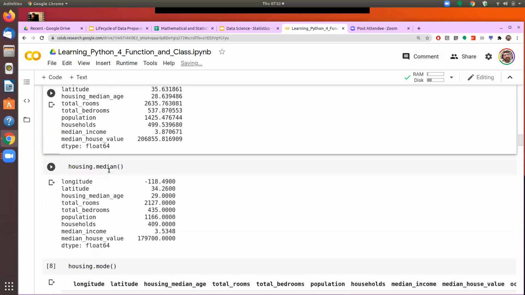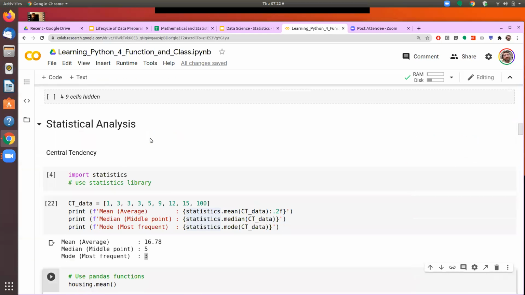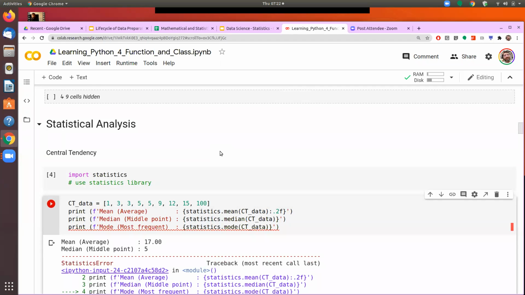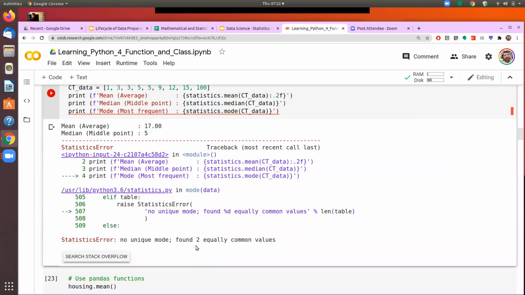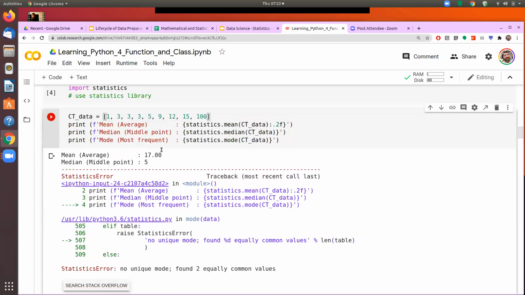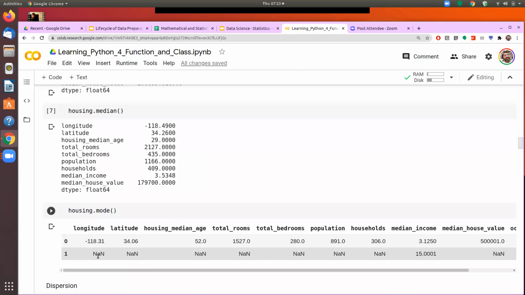So we can do the mean, median, and as we do the mode, it actually could be multiple values, because in this data set, let's see what response it gives. Okay, so it shows I found two equally common values. So it is not showing me the number, but once we come to pandas, it will actually show me the mode in this manner.